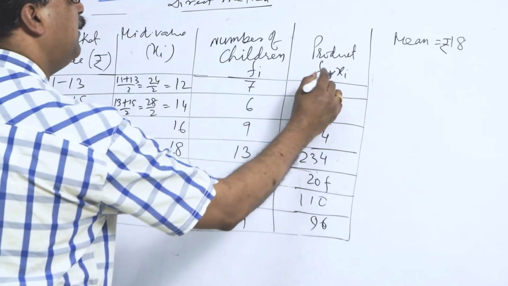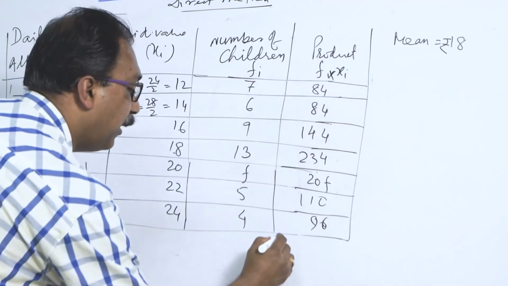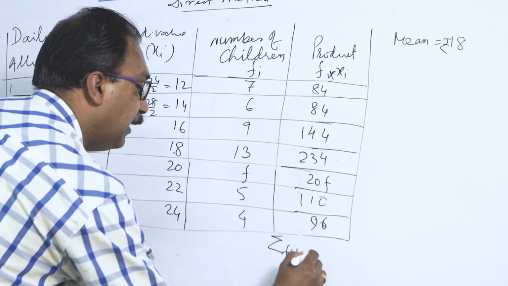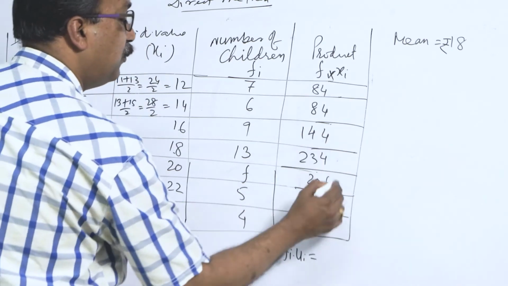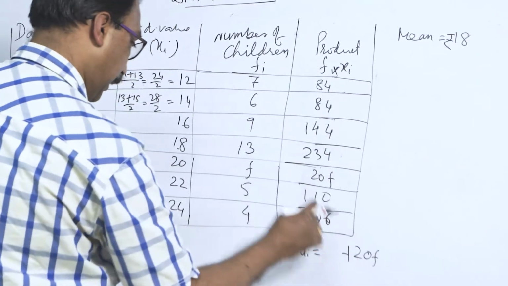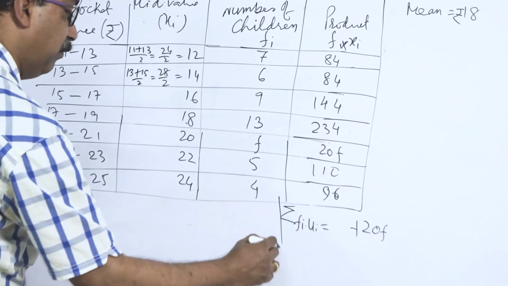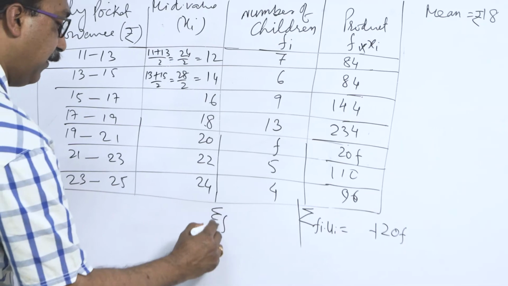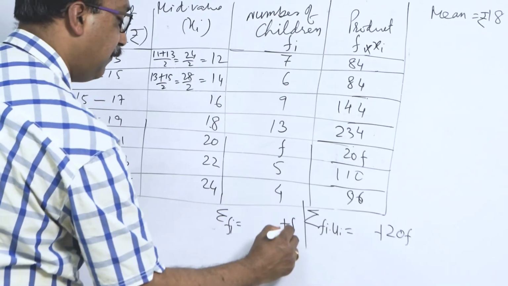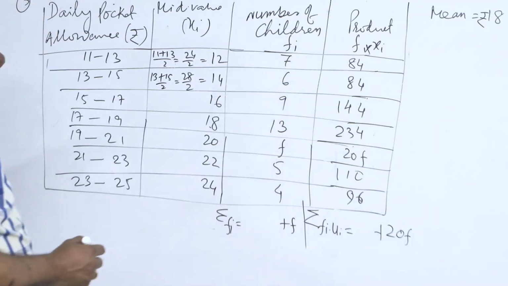When you add these multiplications, sigma Fi into Xi, you should not add this part because you don't know this value. So you keep aside that 20F. Others you add and write here. Like here, if I write sigma Fi, here also you should not add the unknown value, plus F, rest add it.